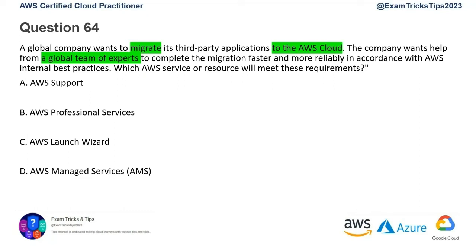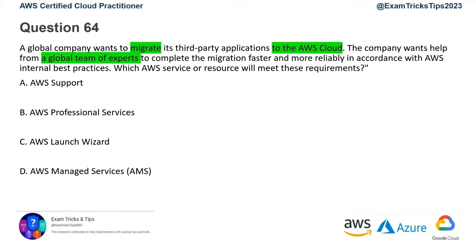So let's start. So let's go by elimination. The first option, option A, AWS support. AWS support is a paid service that provides technical support for AWS customers. It can be helpful for resolving technical issues. If you have some problem, you're not able to find the answers to this problem that you have with FAQs or forums, you might get in touch with AWS support, but it is not designed to help you migrate your application to AWS Cloud.